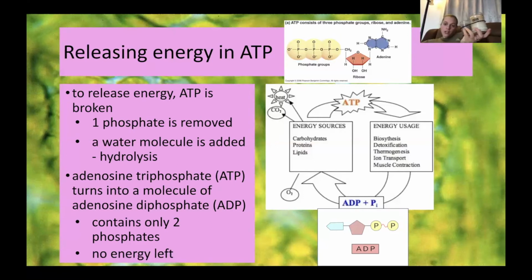Now, if I cut this bond, then I should release energy. So let's just see if we can see this energy be released. And hopefully you saw the rubber band fly across the room. So that tells us that when we break bonds, energy is going to be released. And in this demonstration, that energy goes into moving that rubber band.